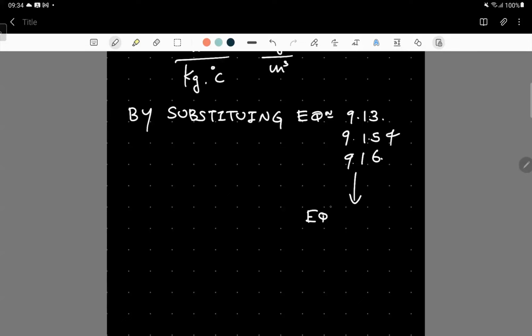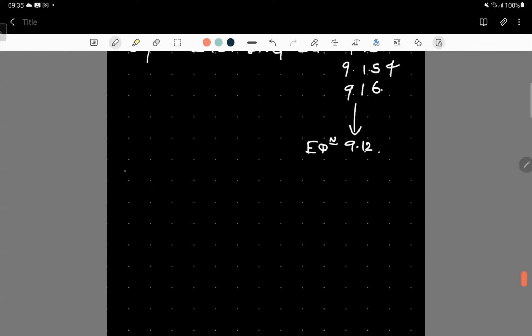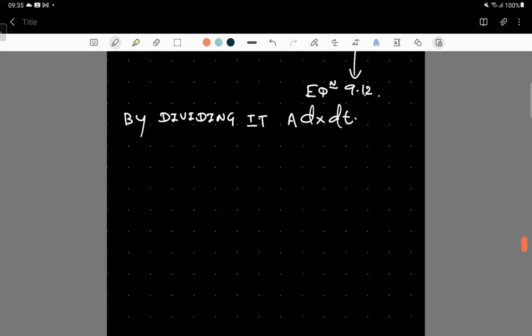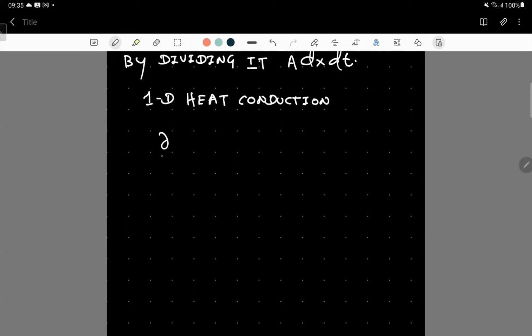We substitute all these equations into our original equation, 9.12, and after substitution, divide by the cross-sectional area A times dx, the volume, times dt. By rearranging, the one-dimensional heat conduction equation can be obtained.